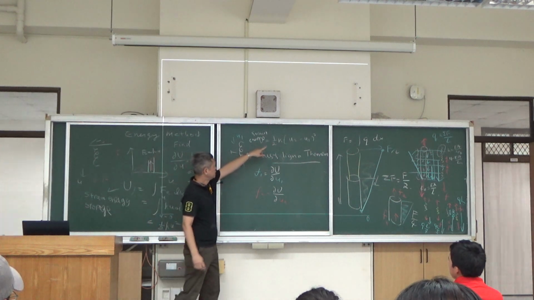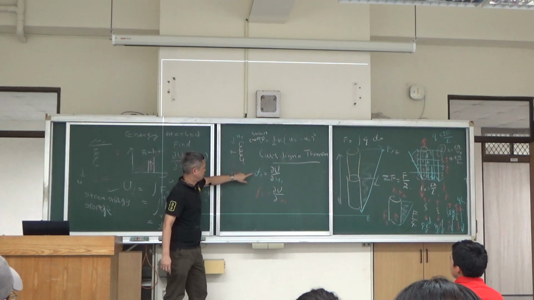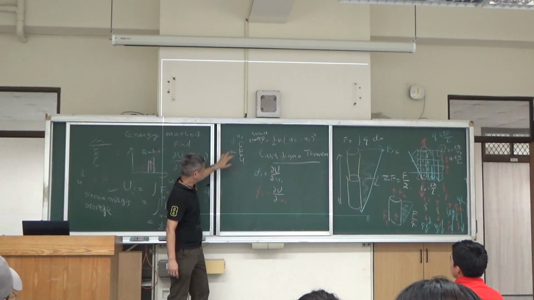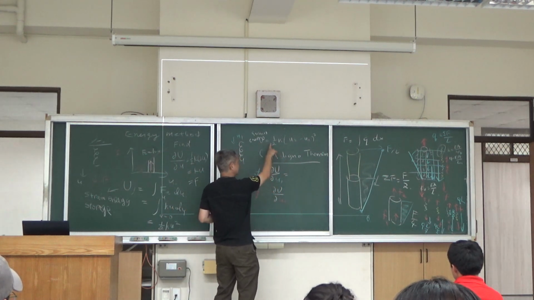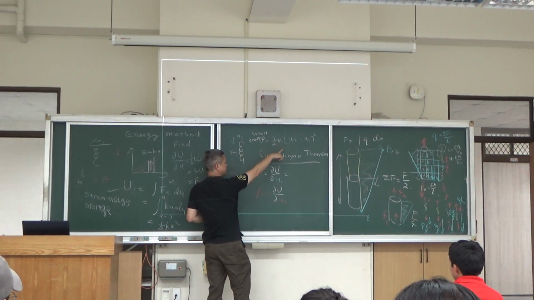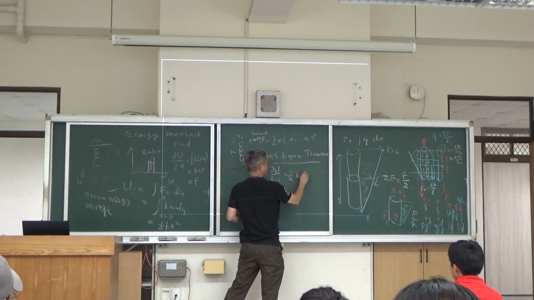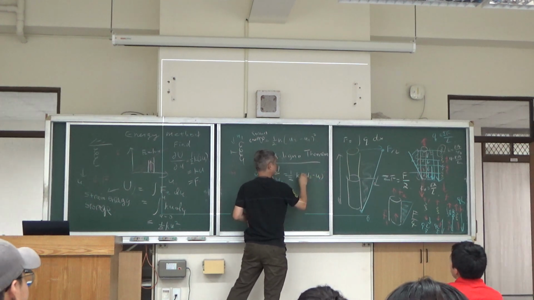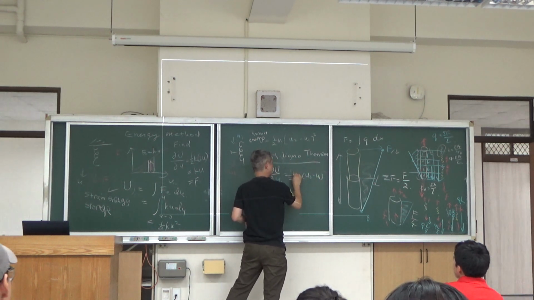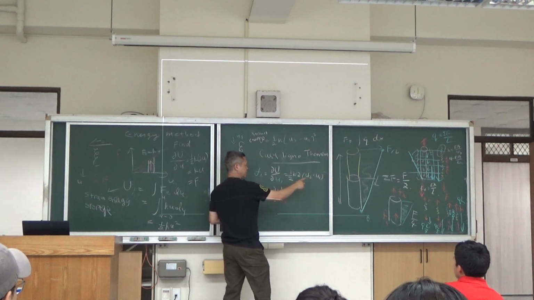Let's see. Taking the same strain energy for the same spring, but because the top node and the bottom node will feel differently, how does this differentiation go? If you differentiate with respect to U1, then you have half k times (u2 minus u1) times 2, you know how to do partial differentiations.